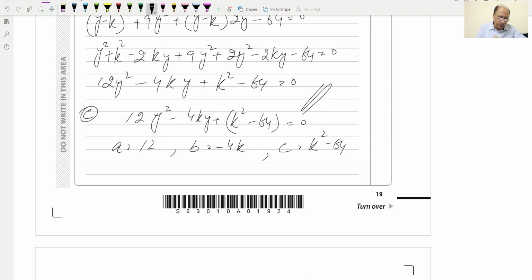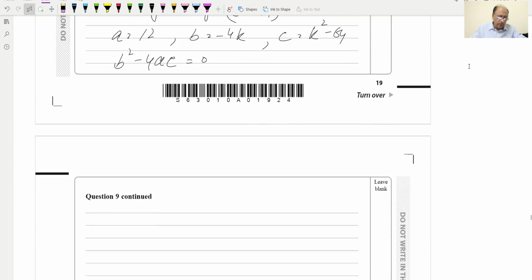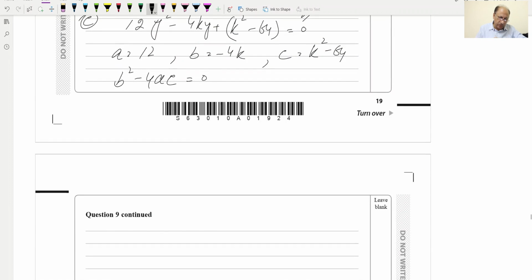And for the discriminant b squared minus 4ac, we will put it equal to 0, and we will replace these values. B squared means minus 4k squared, minus 4 times a which is 12, and c is k squared minus 64, equal to 0.